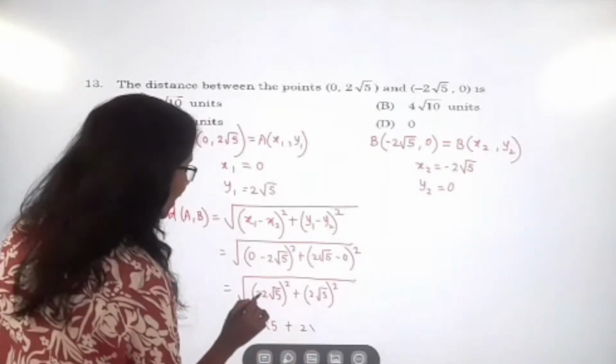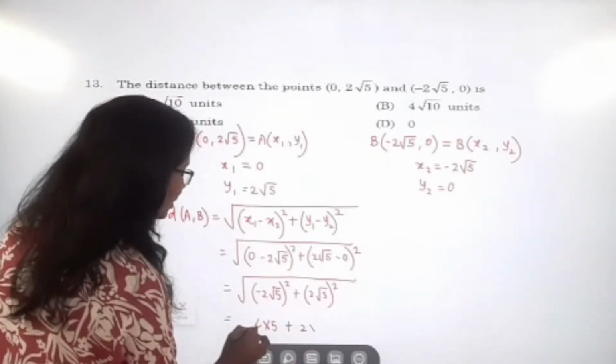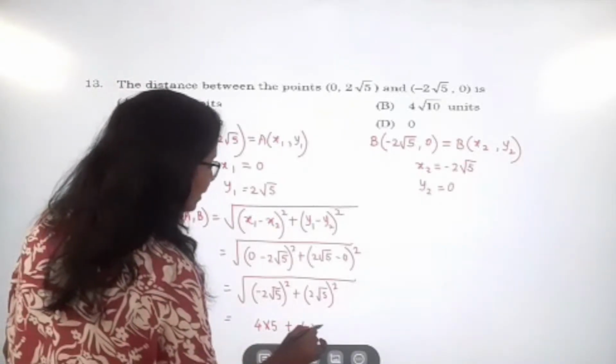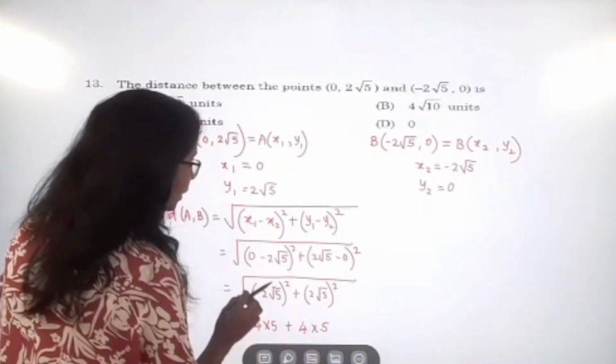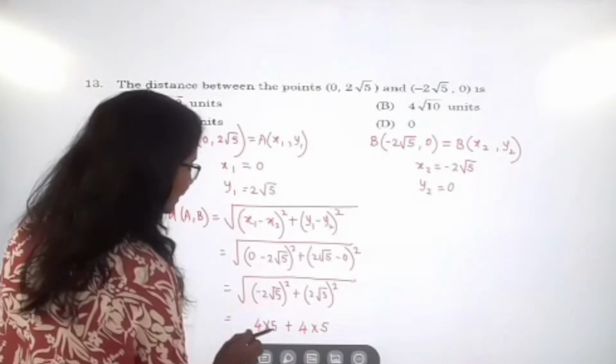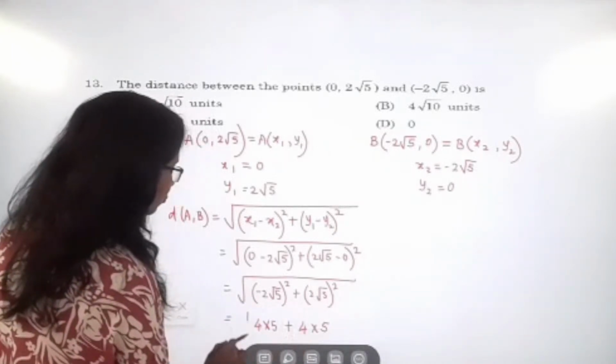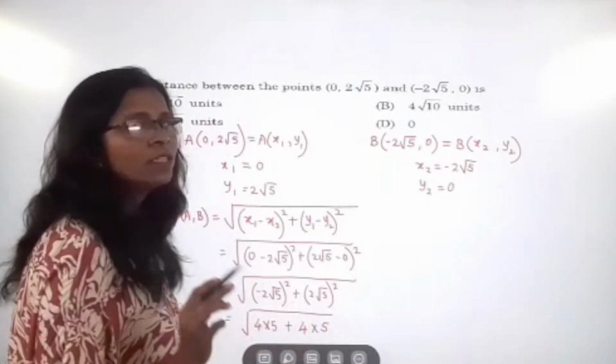Students, the square of minus 2√5 means 4 multiplied by 5, since the square of 2 is 4 and the square of √5 is 5. Okay students, and this is all in the square root.